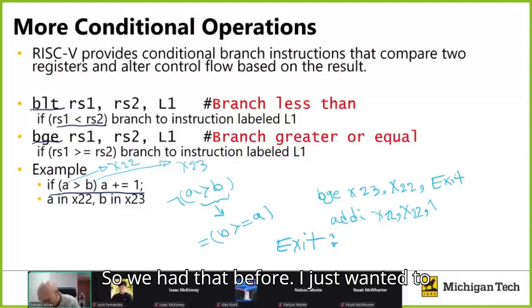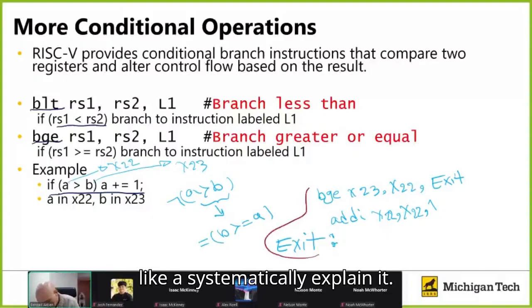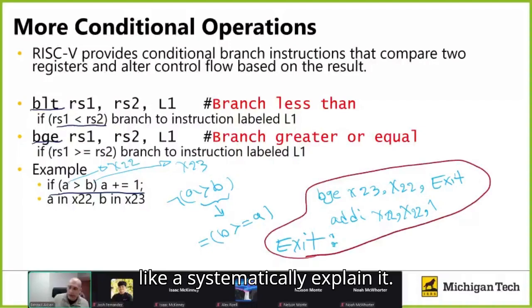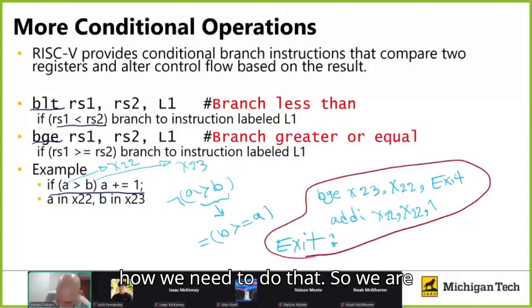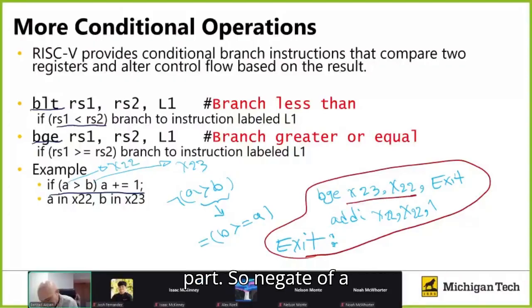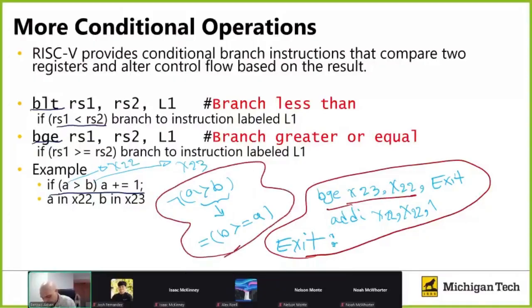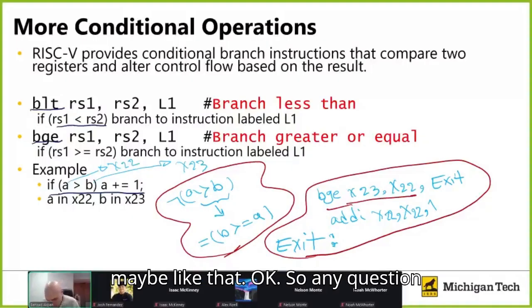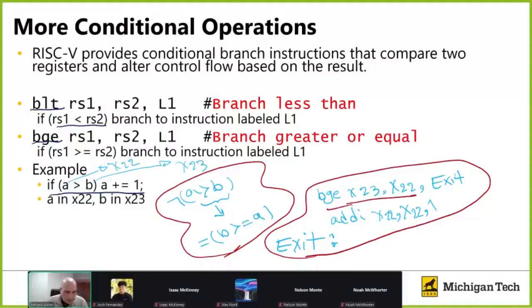We had that before, but I just wanted to explain it systematically. We are checking the negation; that's the important part. The negation of A bigger than B is A smaller than or equal to B. Okay. Any questions about this?